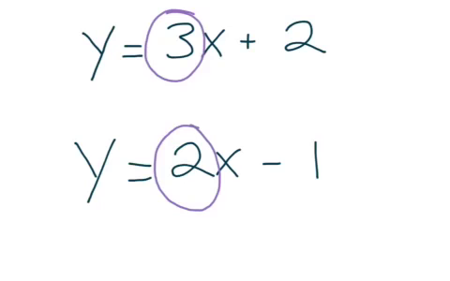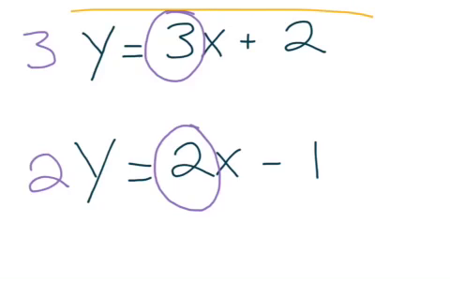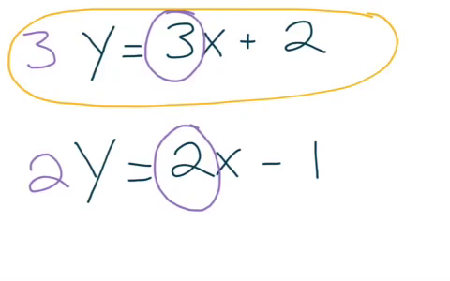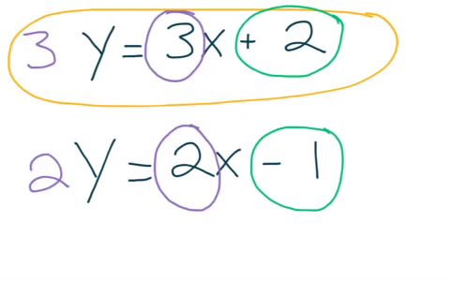So in this case, the rate of change for our first equation is 3. Our rate of change for our second equation is 2. This equation has the greater rate of change. You can also see that this equation crosses the y-axis at 2, and this equation crosses it at -1.